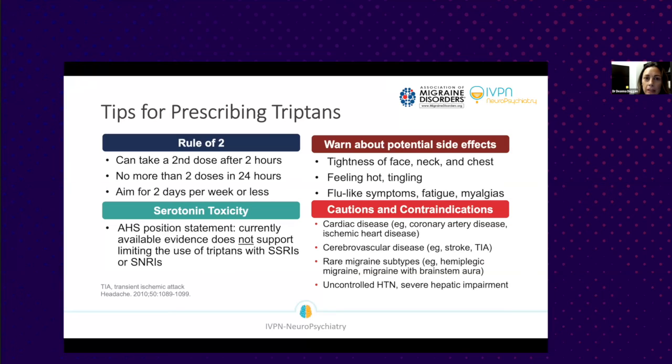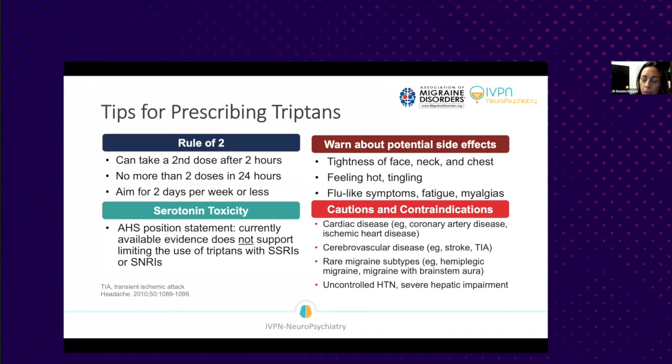But the American Headache Society has issued a position statement that says there's really not enough available evidence to support limiting the use of Triptans, being that Triptans are administered on an as-needed basis. Triptans are not prescribed to be taken daily. So being that it is used ideally as a sparing type of acute treatment, we typically will prescribe Triptans even if the child is taking an SSRI or SNRI.